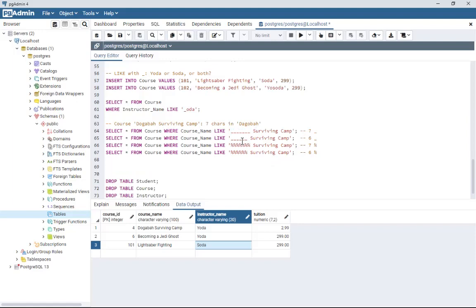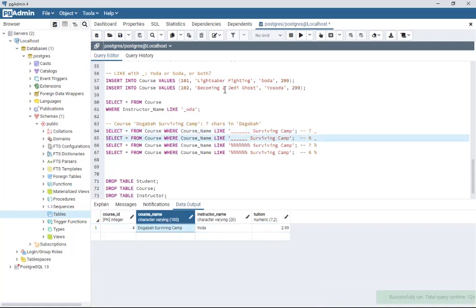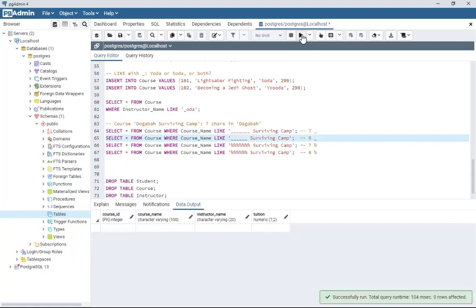And the second one, I'm going to check 6 underscores. Because Dagobah itself has 7 characters, I do expect the first one to return this to me, but I do not expect the second one to return anything because Dagobah is 7 characters. So 6 underscores does not match the word Dagobah.